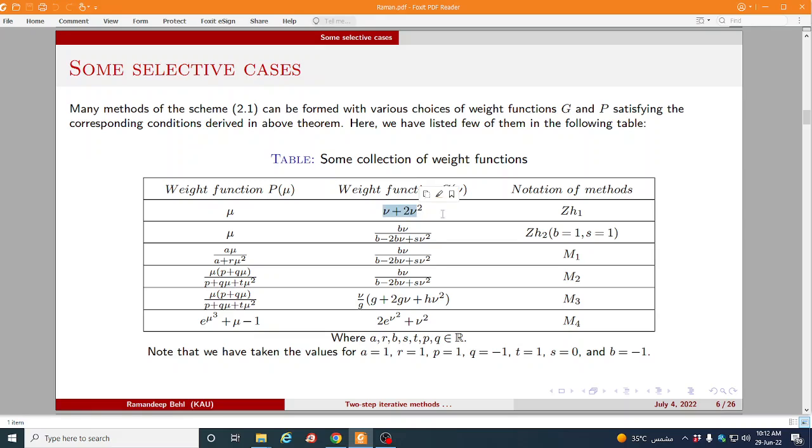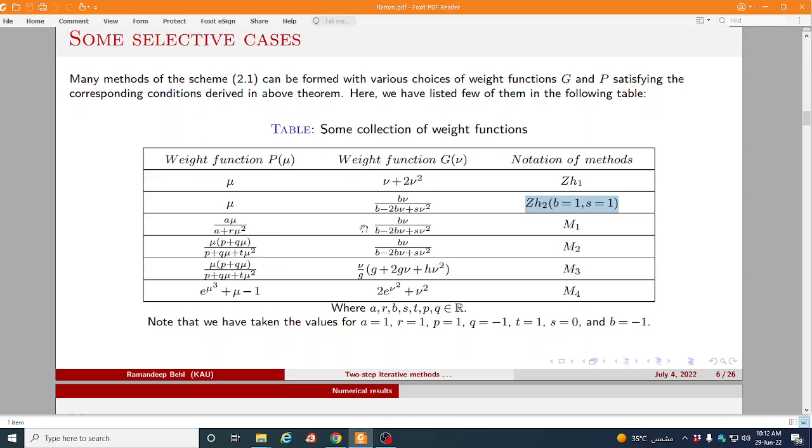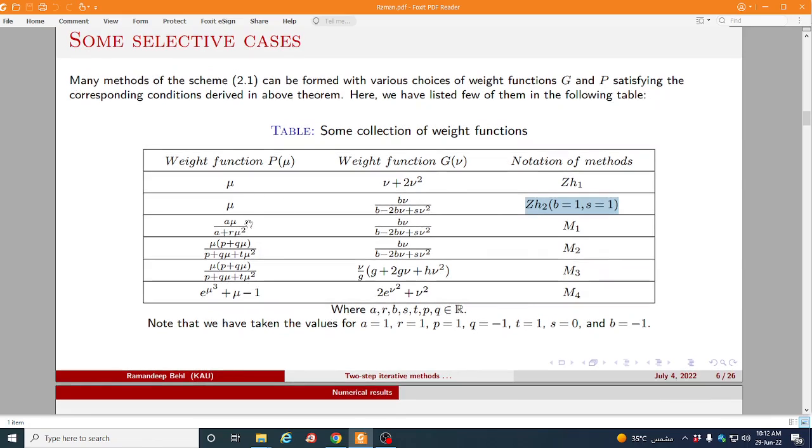then we can easily get the existing method ZH1. Similarly, with the same P of mu and this kind of weight function, we will get the existing scheme ZH2, the Zhao schemes. Here we discuss some new iterative methods where we choose P of mu as a rational function.